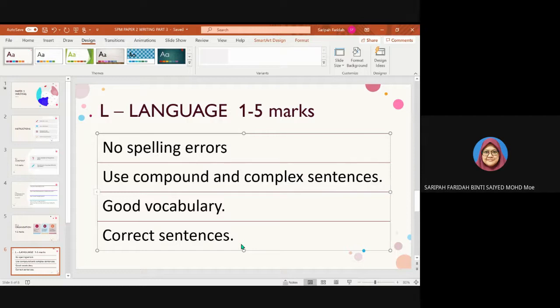And you need to correct any mistake that you can see in your sentences. And then make sure you have compound and complex sentences. Sebab benda ni nak pergi kepada B1. Nak pergi kepada B2. B2.